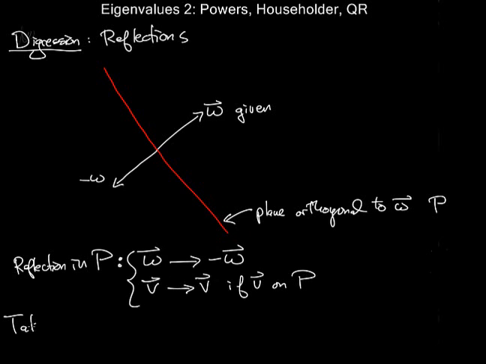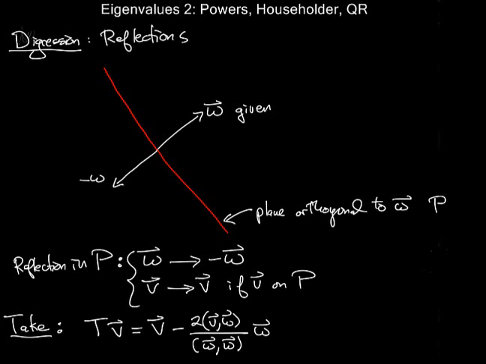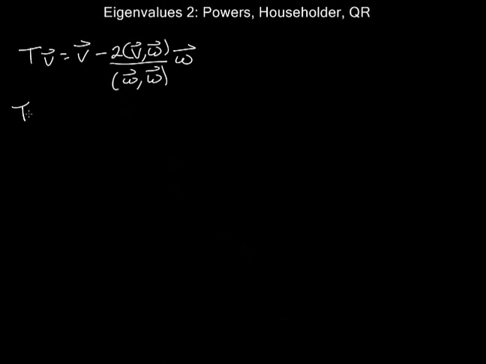And those two kinds of vectors span the whole space. So here's what you do. You take the transformation applied to a vector is given by this formula. It takes V to V minus this multiple of W. So let's see why that's true. The formula is given here, and let's check.